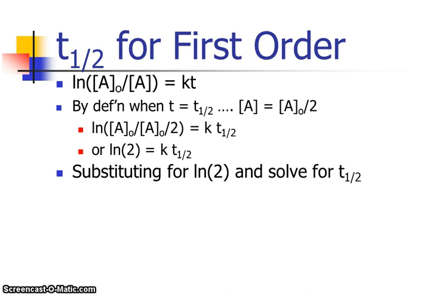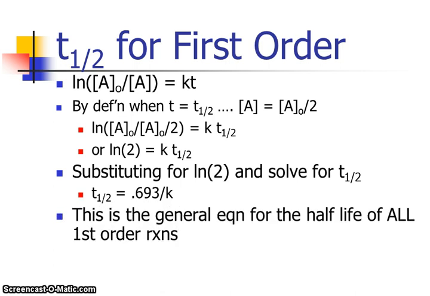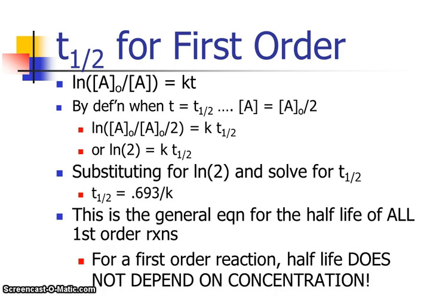If we take the natural log of 2 in our calculator and solve for our half-life, we get half-life equals 0.693 divided by K. That means that as long as we know what K is, we can calculate what the half-life of a first-order reactant is. This is the general equation for the half-life of all first-order reactions. For a first-order reaction, half-life does not depend on the concentration that we start with.